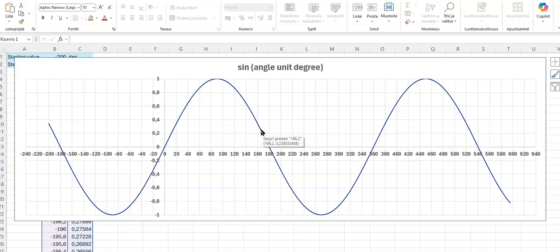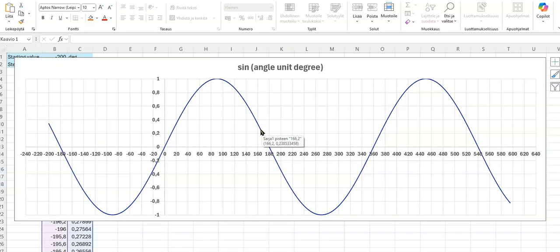No, it is quite correct there. I don't know how well you can see those numbers there, but now it tells that the sine of 166.2 degrees equals 0.238. So this is the approximate solution. And that was the other solution we had.